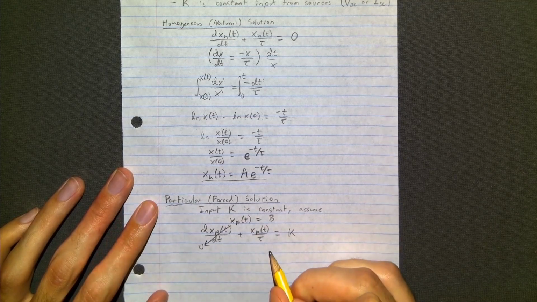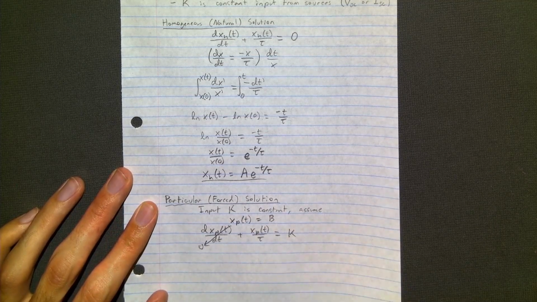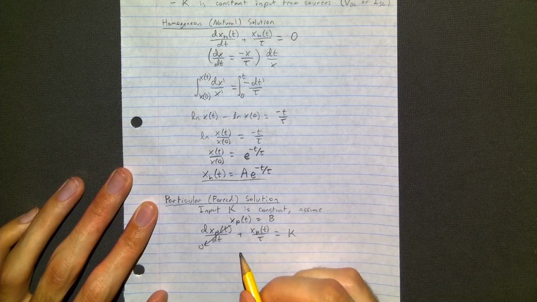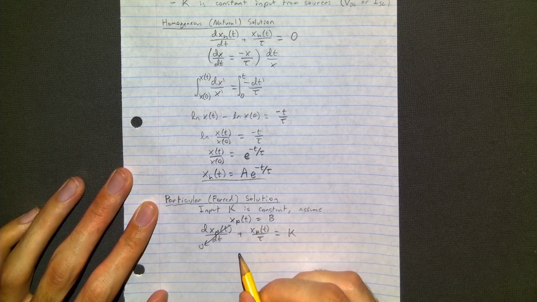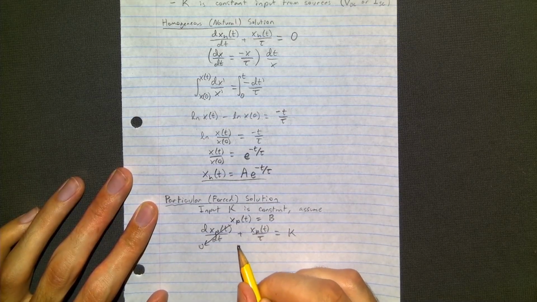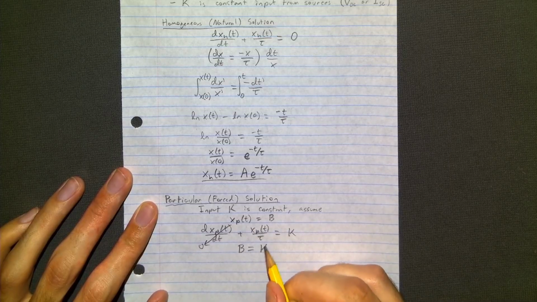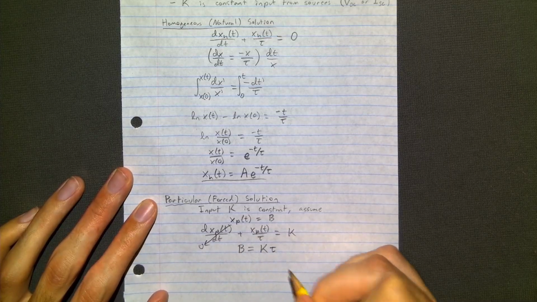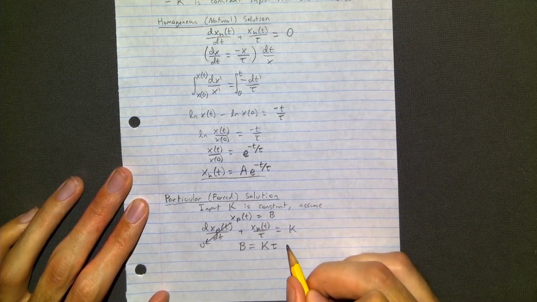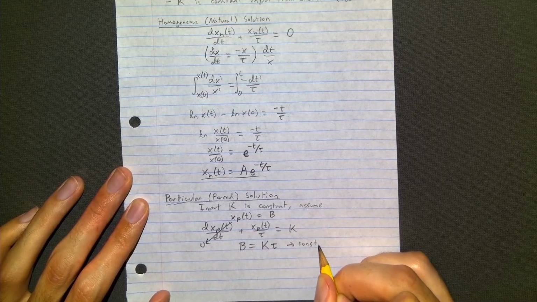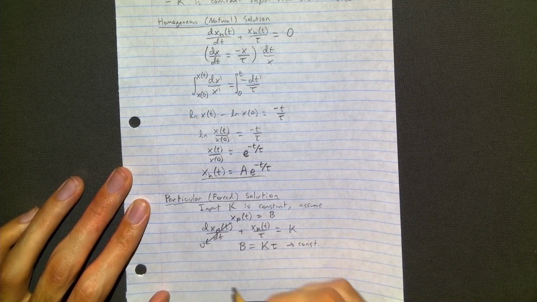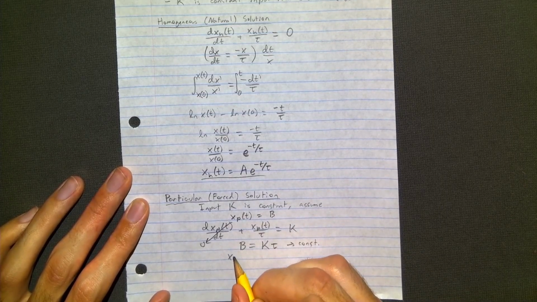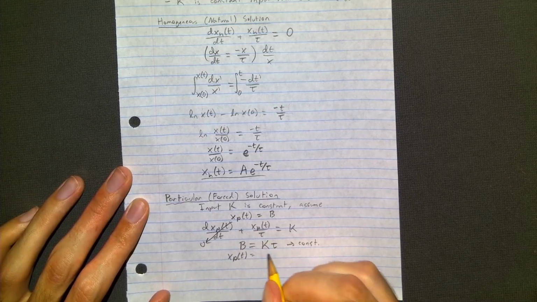Now if we plug in B for x of t and rearrange the equation, we have B equals K times tau, and this is a constant. Therefore, we were correct that the particular solution is a constant.